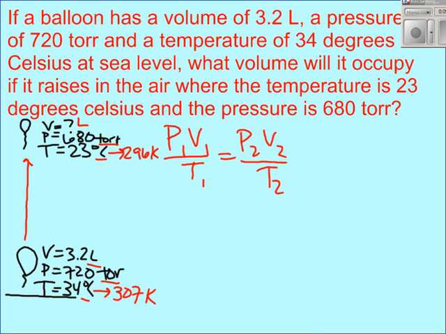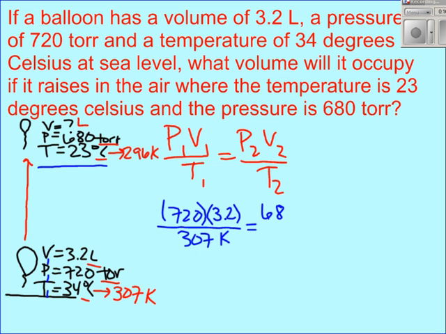My P1, which is down here, is 720. The volume at that point was 3.2 liters, and the temperature was 307 Kelvin. Now let's go up here to where the conditions changed. The pressure has now changed to 680 torr. My volume is what I'm solving for, and the new temperature is 296 Kelvin.